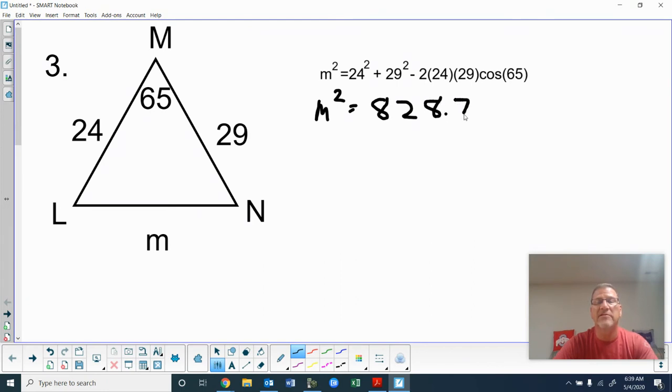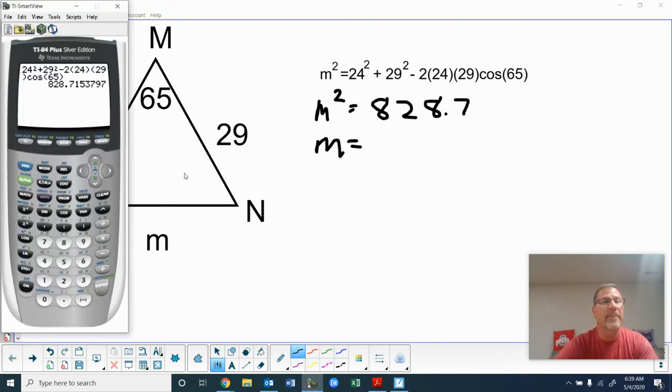Now remember, we got to take the square root to find M. All right, so go back to my calculator and hit second squared for the square root sign, and then just hit second answer, close it up, and that's 28.7. On the quiz, I want to ask you to round to the nearest whole number, so 28.7 would round up to 29.